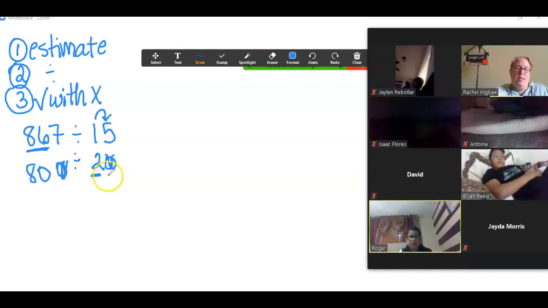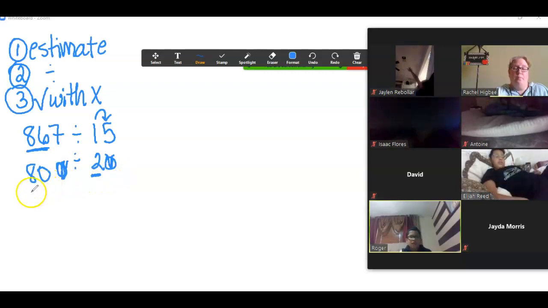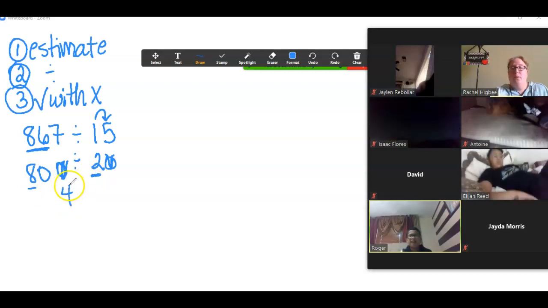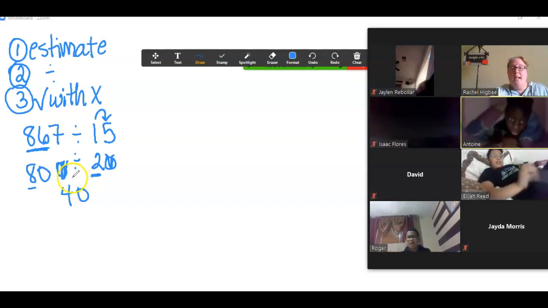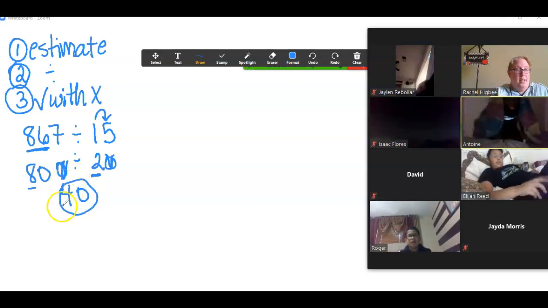So since I don't have any zeros here, I have to keep this zero. Okay. So then what's 8 divided by 2? 4. And then I have a zero left. Okay. So my estimate is 40. Everybody with me?